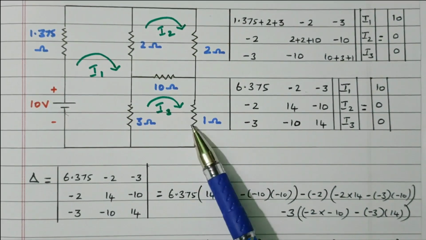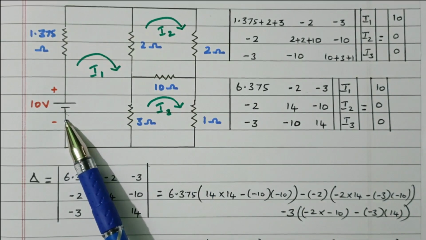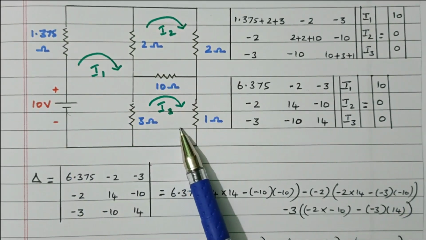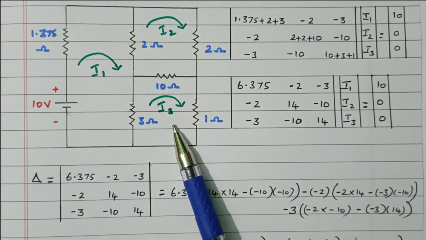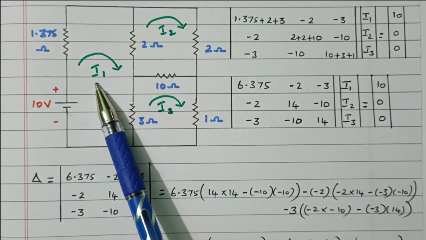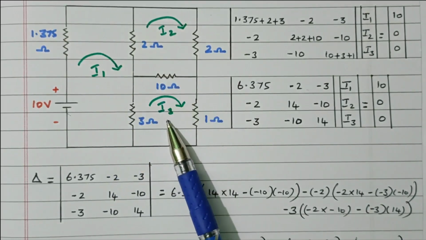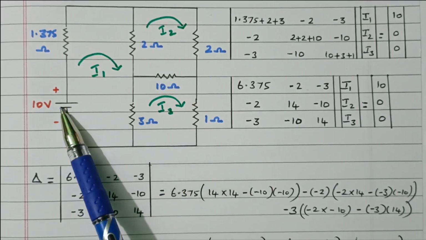The voltage source available in the first loop is now transferred to the third loop according to the previous diagram. The current in this third loop should be reflected in the first loop. After this modification, this is loop 1, this is loop 2, this is loop 3. So I3 should be 2 ampere because the voltage source is transferred to this loop.